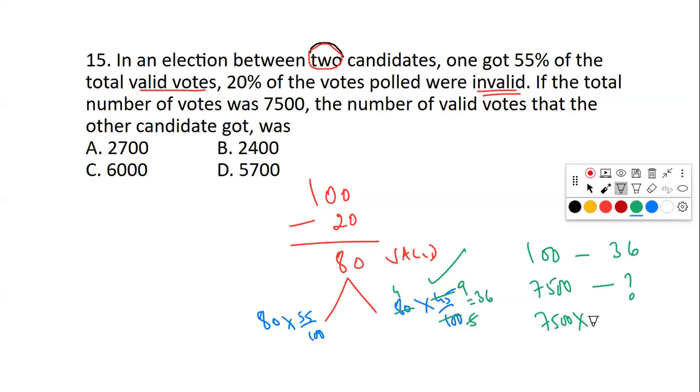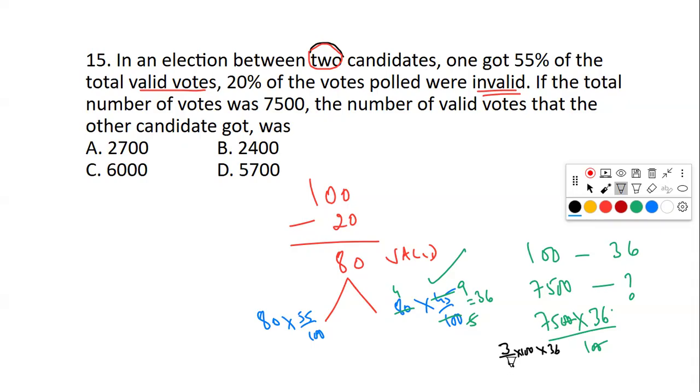So 75 into 36, divided by 100. Perfect. 75 I can think of as 3 by 4 into 100. So I am writing 75 as 3 by 4 into 100. This gives me 75 only, into 36.